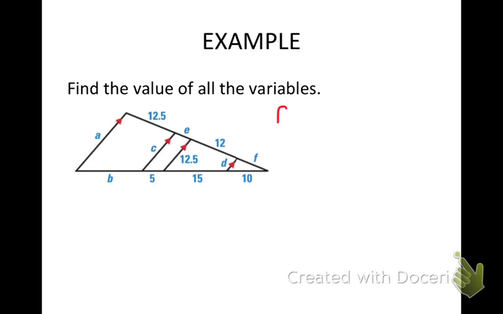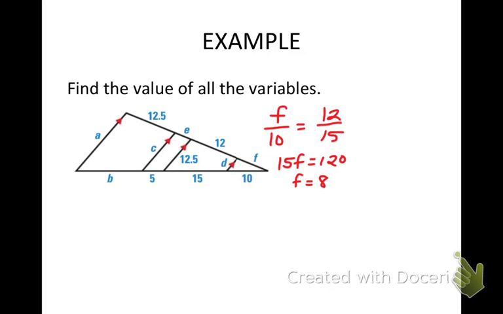So we could do f over 10 is equal to what over what, gentlemen? 12 over 15. So cross multiplying that gets us 15F is equal to 120. Divide by 15, not 5, it's 8. So F is equal to 8.